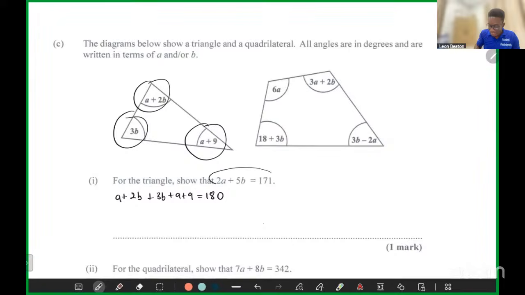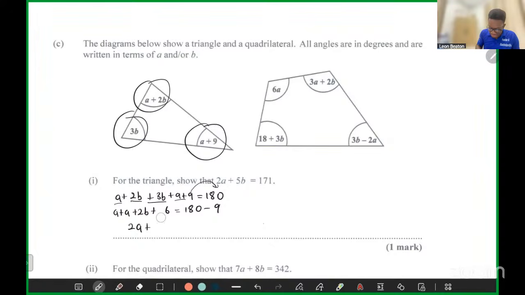And we just got to simplify this, and this will give us this. So you put all the like terms together. So we see this A here and this A. This will be A plus A and plus 2B plus 5B. And then we take over the 9 with the 180. So this will be 180 minus 9. And hence this will be A plus A is 2A, 5B plus 2B, which gives us 7.